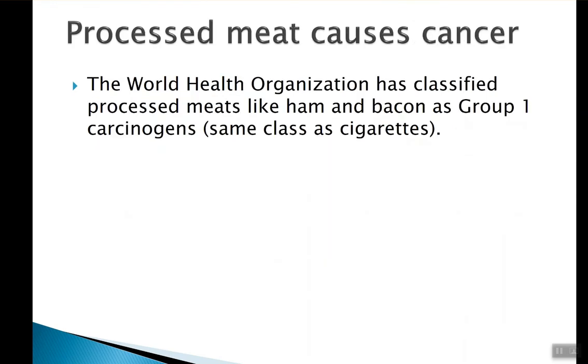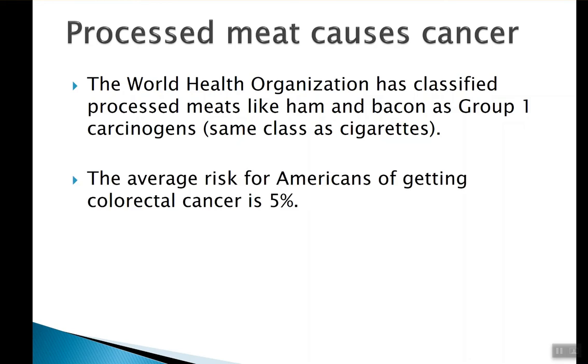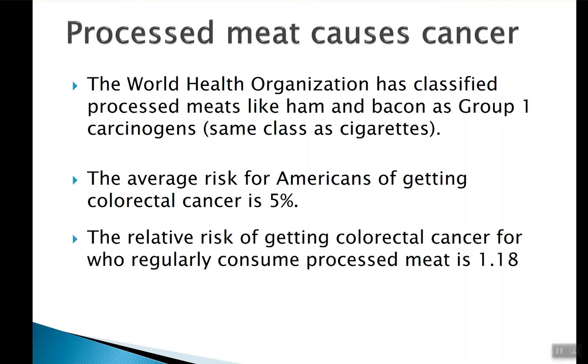So just to give you an example that's maybe a little bit more realistic than the blueberries, the World Health Organization has classified processed meats like ham and bacon as a group 1 carcinogen, the same class as cigarettes. So you may have heard that, and it is true, but it's a little bit misleading. The average risk for Americans getting colorectal cancer is 5%, and the relative risk for someone who regularly consumes processed meat is 1.18.